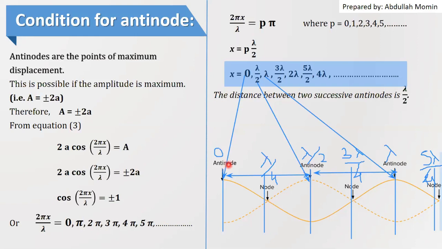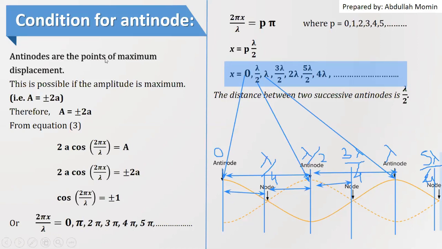Now we are going to find out the distance between a node and an adjacent antinode. This is your first antinode. Initially we are getting antinode, then we will get node. Then after this node, again we will get antinode. Then after this antinode, again we will get node. So we are getting antinode, node, antinode, node, antinode alternately. After node, you will get antinode, and after antinode, we are getting node.